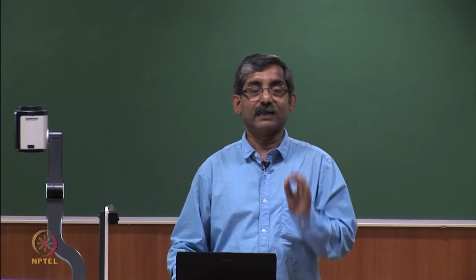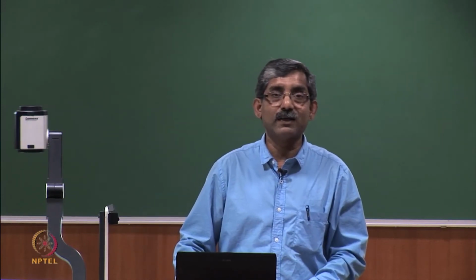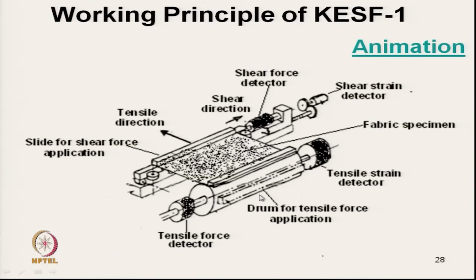Once the tensile measurement is over, then the drum will be stationary, then the slider, the other jaw, will start moving laterally in left to right direction and again it will come back from right to left direction.